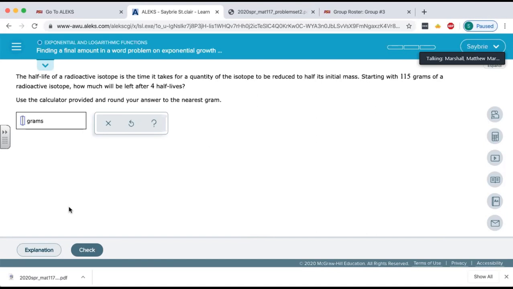So if you take the whole quantity 1 and you halve it, that gives you a half, right? And then if you take half of a half, you get 1/4. And if you take half of 1/4, you get 1/8. So that would be after 1, 2, 3. So I'd have to do that one more time to get 1/16.